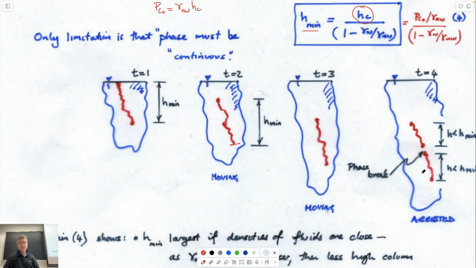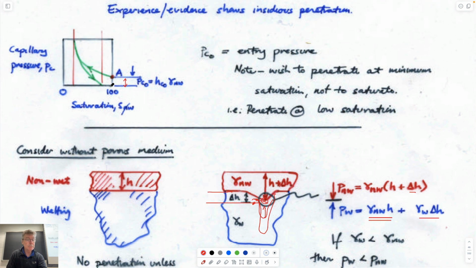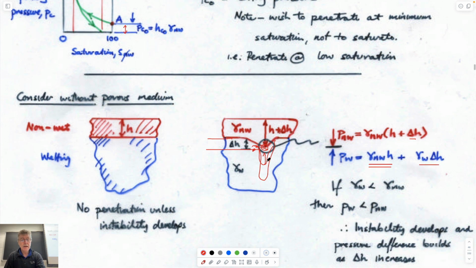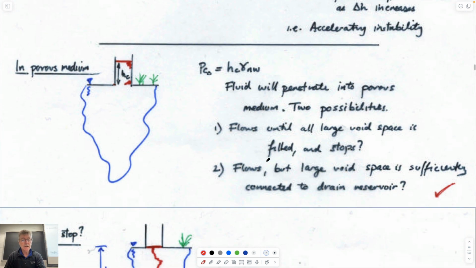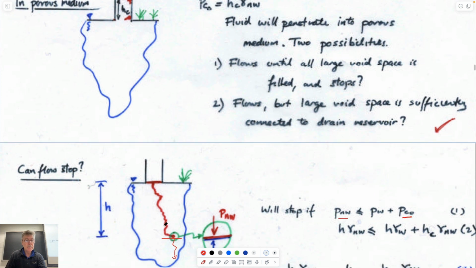And so as a consequence of what we know about these capillary pressure versus saturation curves, this entry pressure, we can say something about what controls the migration in the subsurface. And it merely says that if it's a big enough height to be able to invade the space, then it can keep on going.